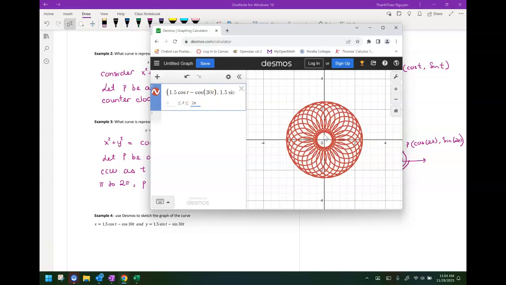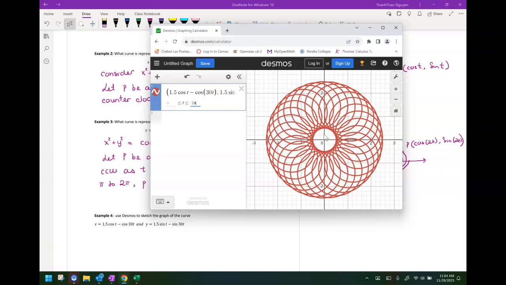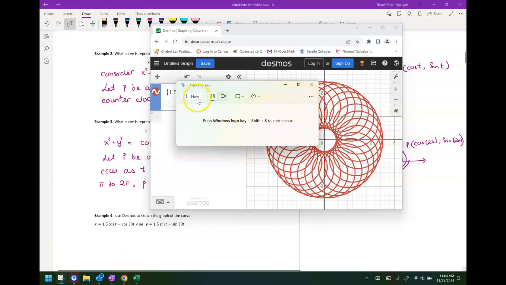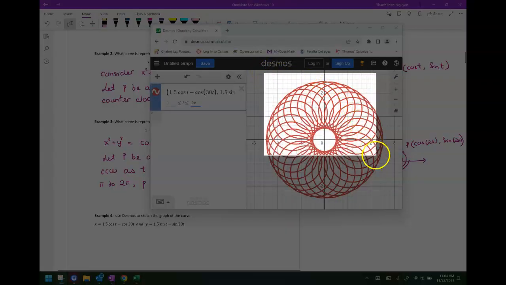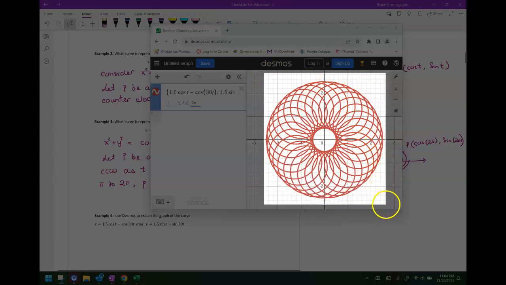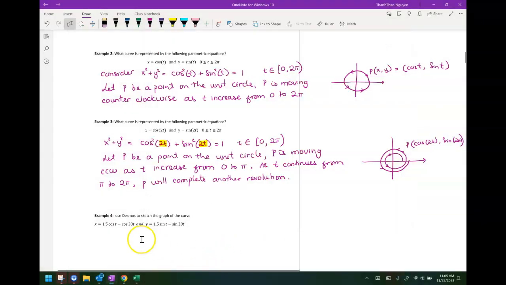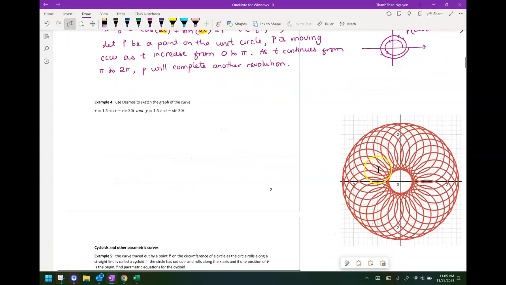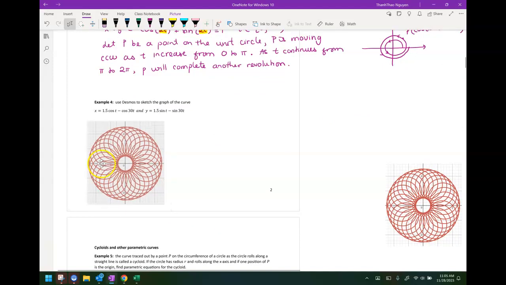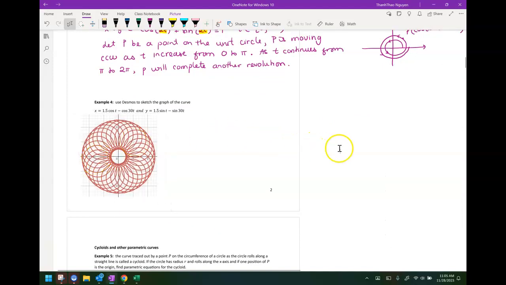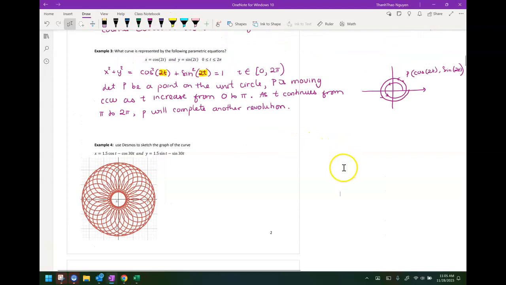So this is the curve that we get. I can screenshot this and put it into our paper. So that is the graph using Desmos.